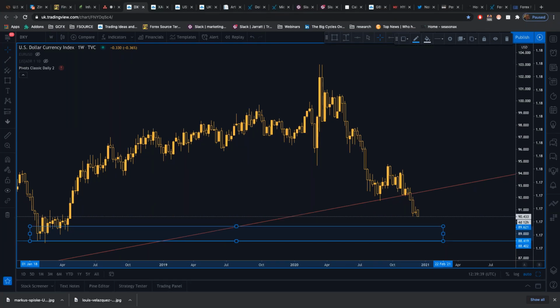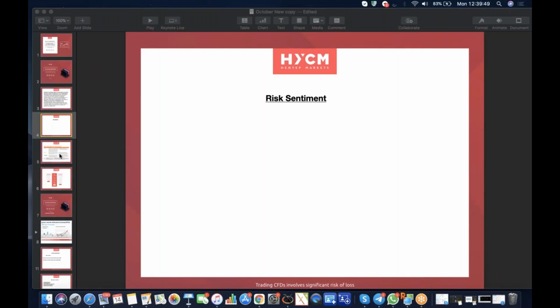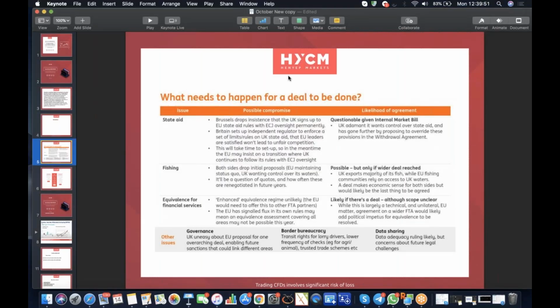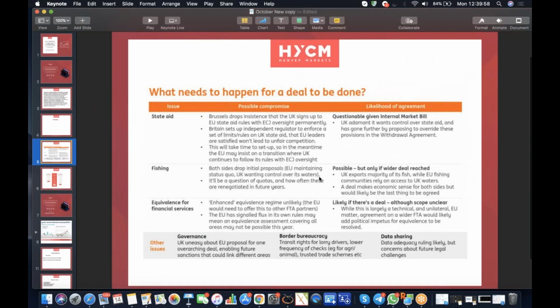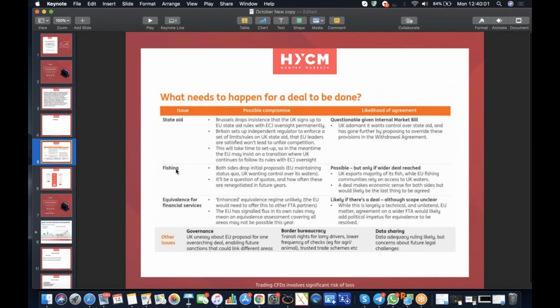Now I'm going to go back to the main screen. There's one thing I want to show you around with the pound. Now in the pound, we can see that there's three major stumbling blocks, and the two major stumbling blocks at the moment are fishing and state aid.